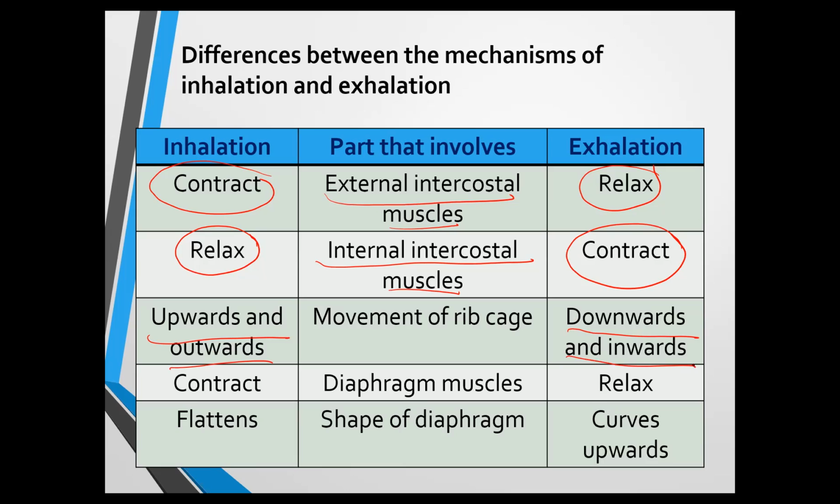Your diaphragm, teacher told you, when you are breathing in air, your diaphragm will become flattened. When you're flattened, you're contracting. But when you exhale the air out, your diaphragm is going upwards. That's why the thoracic volume is lesser and your diaphragm is relaxing.